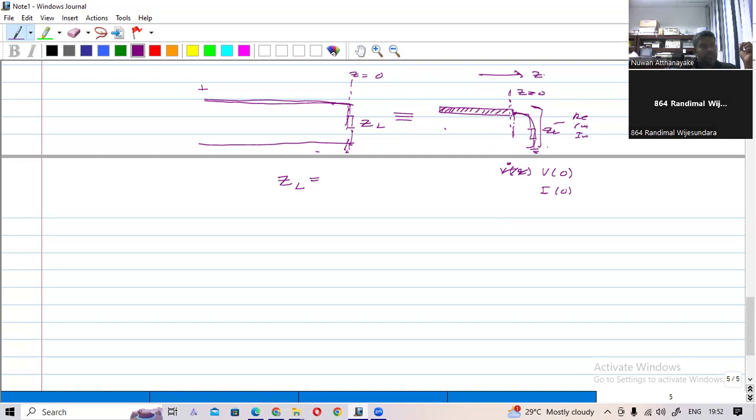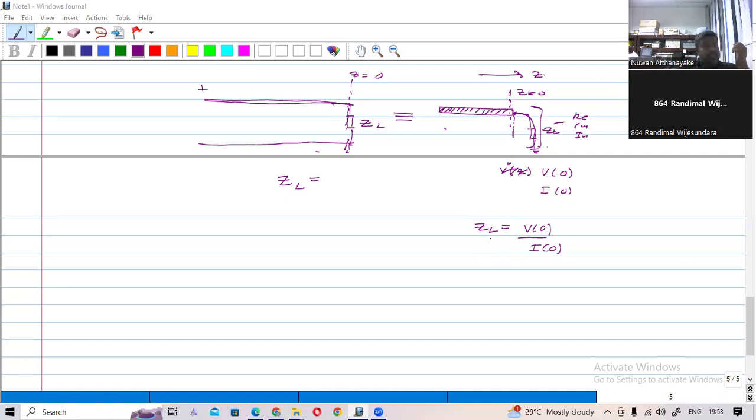So if we apply Kirchhoff's law, ZL is equal to V0 divided by I0. Correct? Yes, we equalize it. But if it is an impedance, that means it can be a capacitive or reactive impedance.